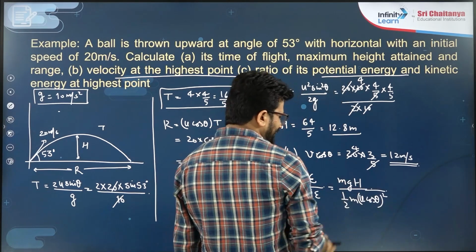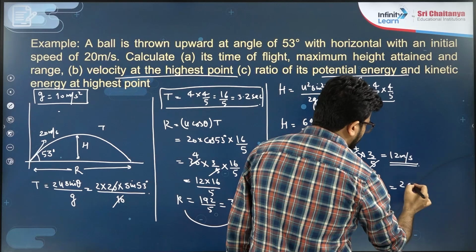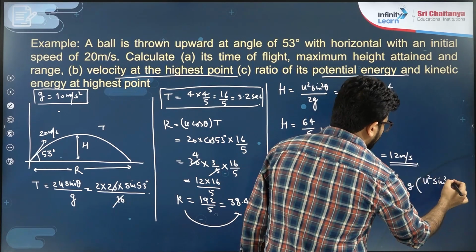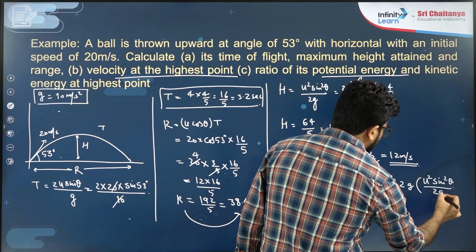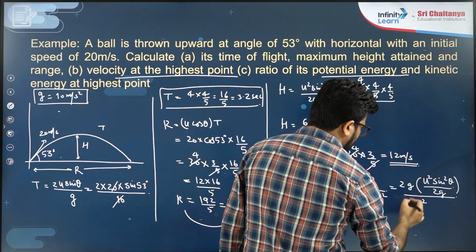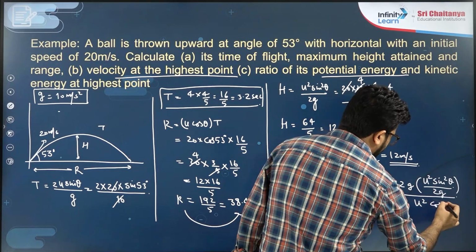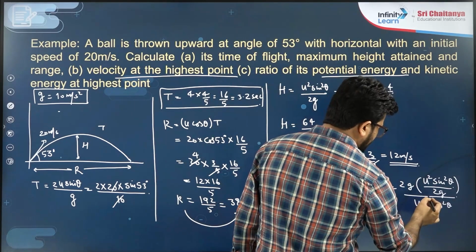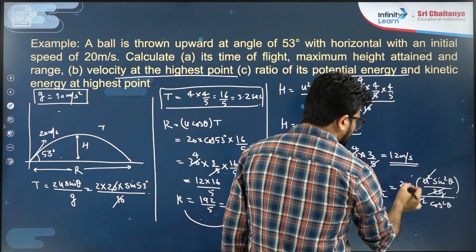Now m can be removed definitely from here. You can say 2g. H is how much? You can say u square sine square theta divided by 2g, upon this would be u square cos square theta. m we have already removed from here. So what you can see, u square can be cancelled, 2g also cancelled.